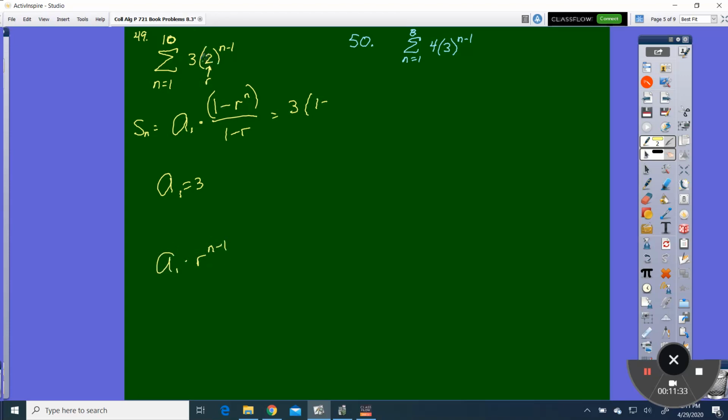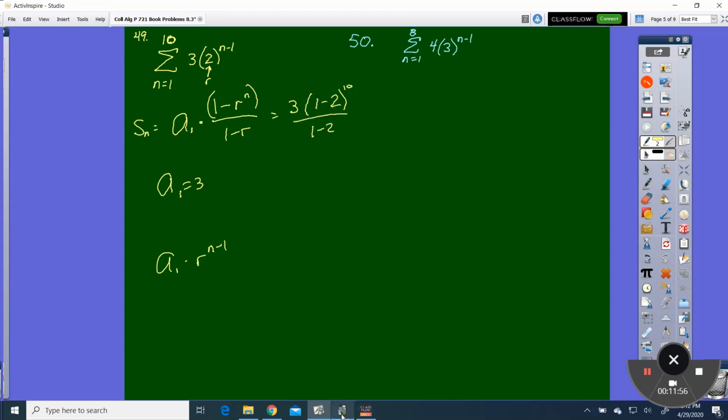Well, there's my r. Okay, A1 r to the n minus 1. When it's set up like this, that's how the pieces fit together. So 2, this is to the n. So be careful that you don't read and be like, oh, that's n. No, it's to the n, which is this number up here, which is 10. All divided by 1 minus 2.